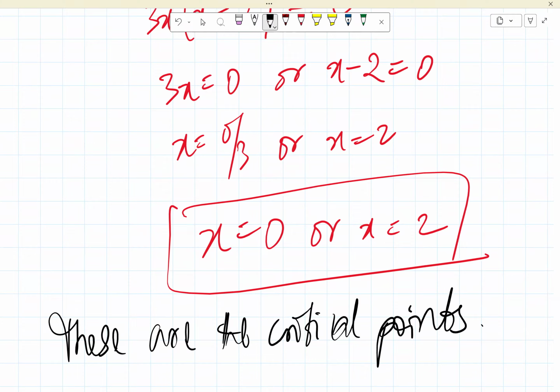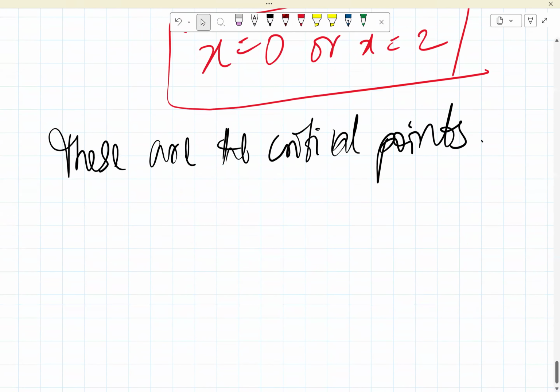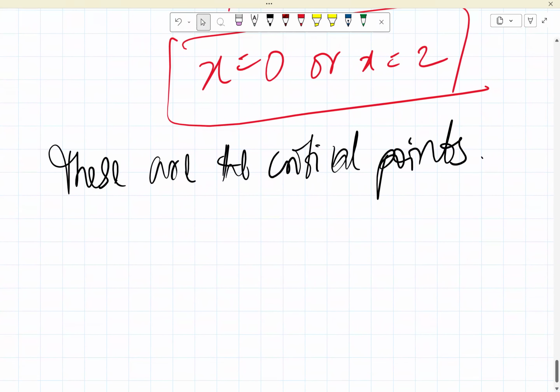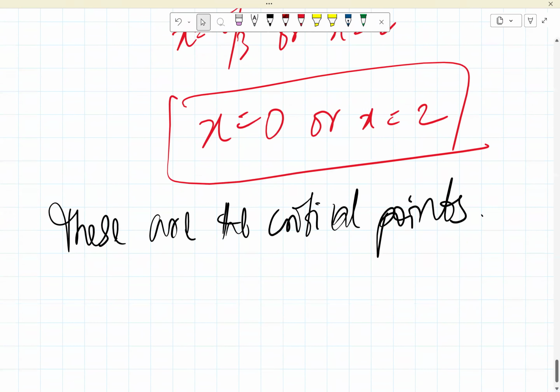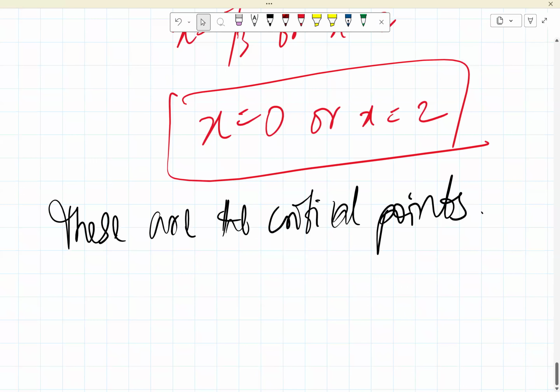Well, when you talk about a point, we need the function values, because x is not on its own.